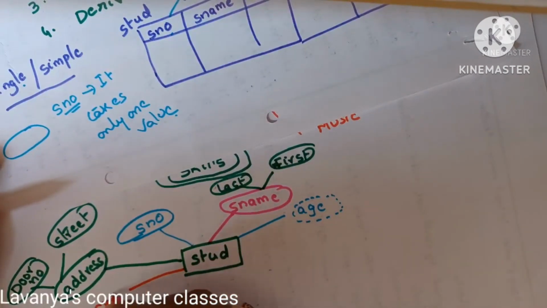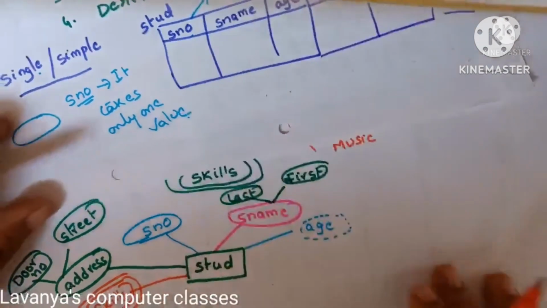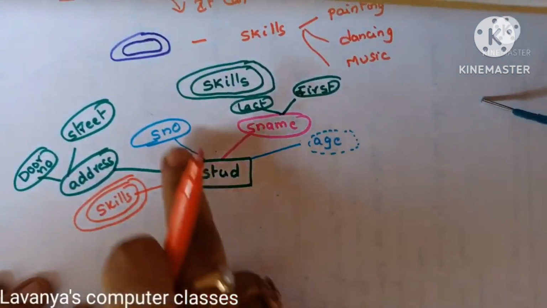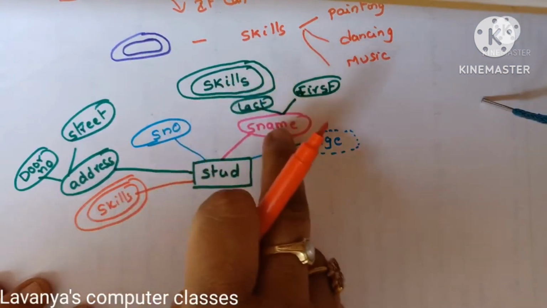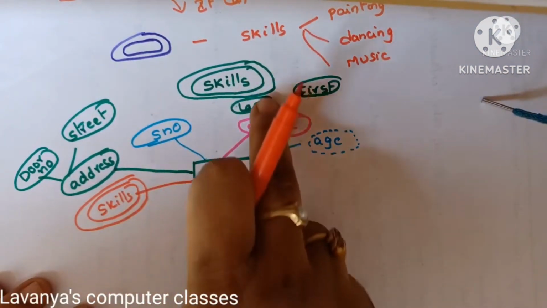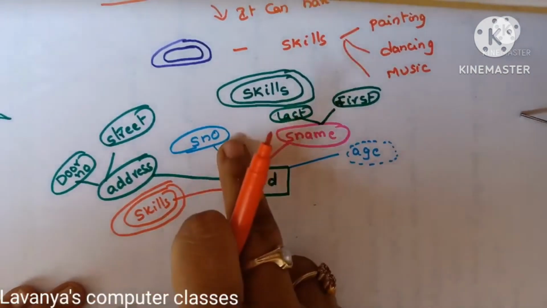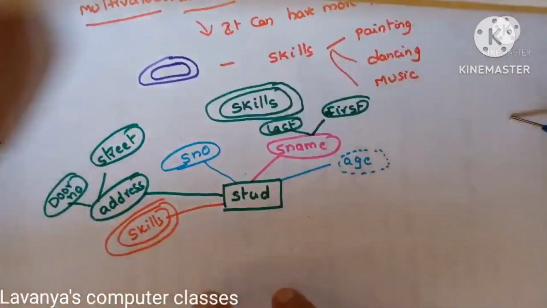Skills is multi-valued because any student can have more than one skill. How do we write it? Double ellipse. So this is the skills diagram. In the student entity set, serial number is a simple attribute, S name is a composite attribute, age is a derived attribute, skills is a multi-valued attribute, and address is a composite attribute.